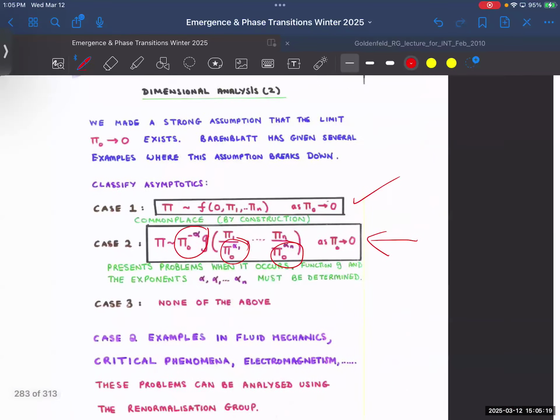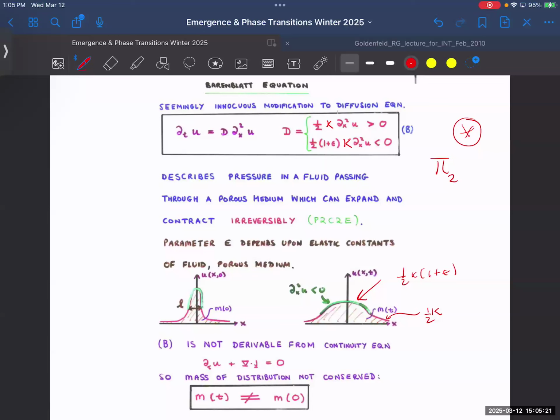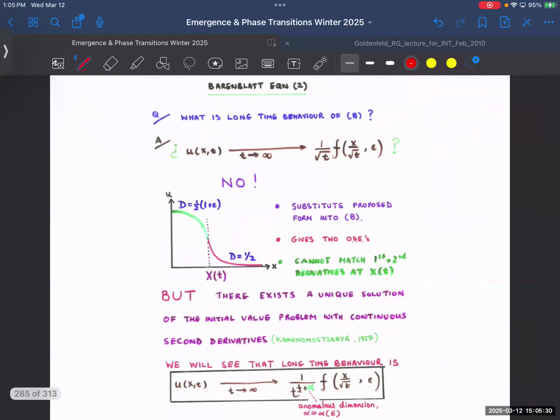So for this equation, we have a pi 2, and that pi 2 is this dimensionless parameter epsilon. So you might say, I've just added one more dimensionless parameter, so what I should expect is the same behavior as before, but now this scaling function perhaps depends on epsilon rather than just depending on x over the square root of kappa t. Okay, so that's what you would think.